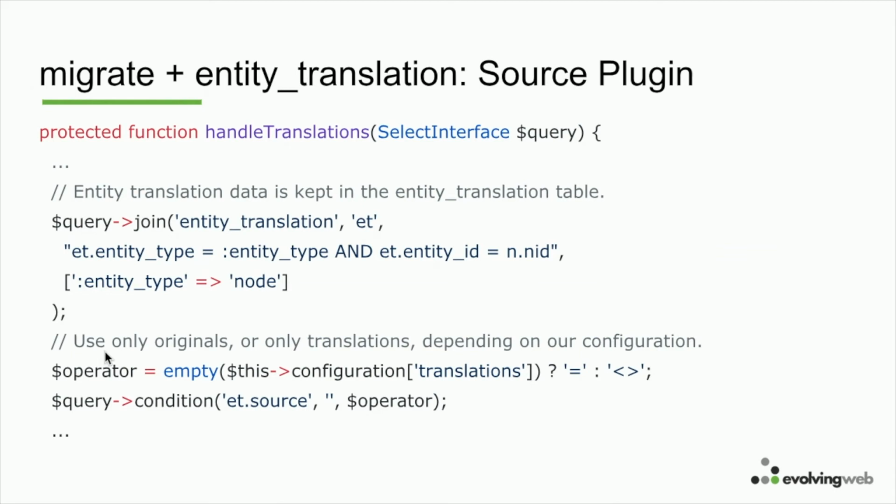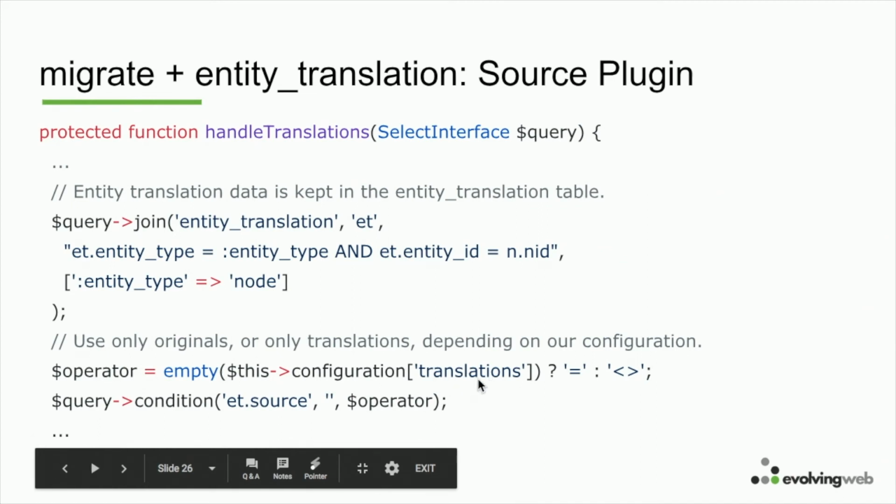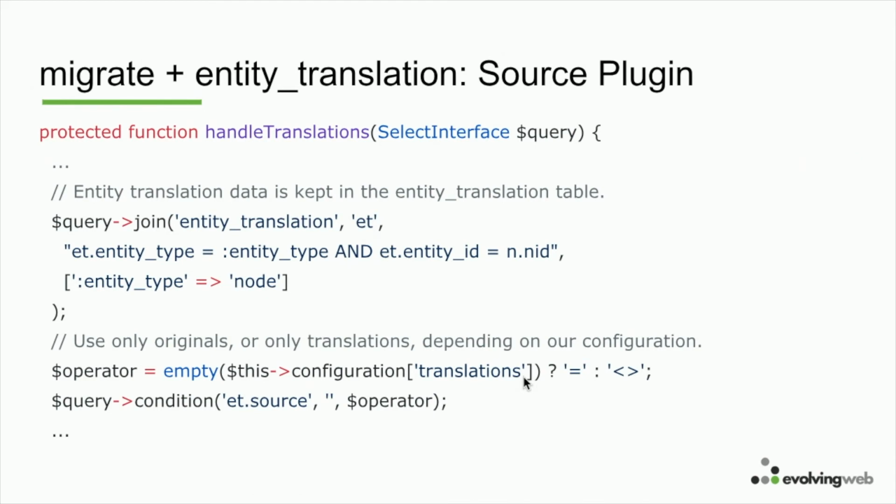The main problem is that the translations parameter that we were passing in the YAML files doesn't get supported out of the box when you're working with entity translations. So this is what I'm trying to achieve here. If the configuration says translations is set and not empty, then the source column in the entity translation data will have some value, because it will have a source node.